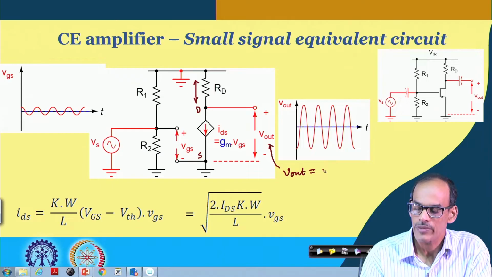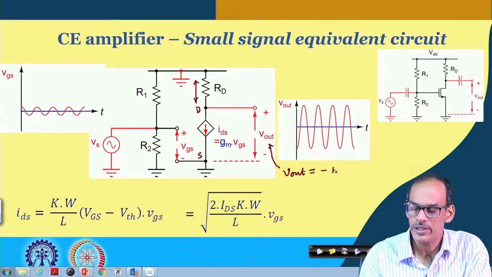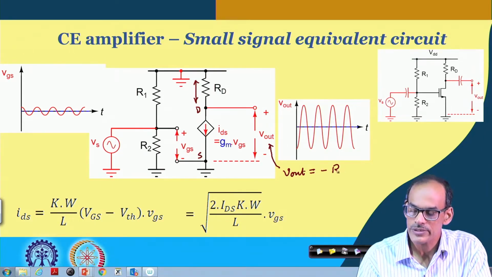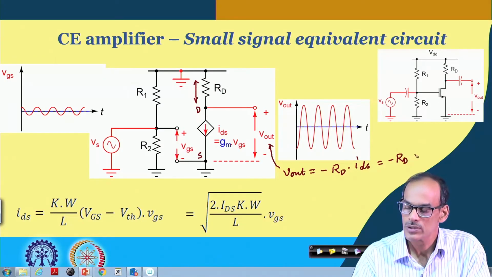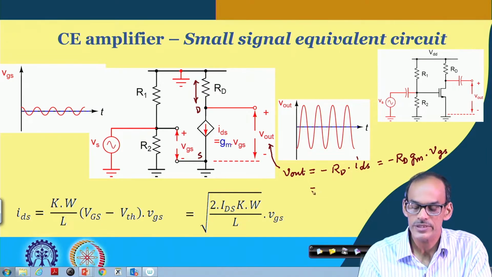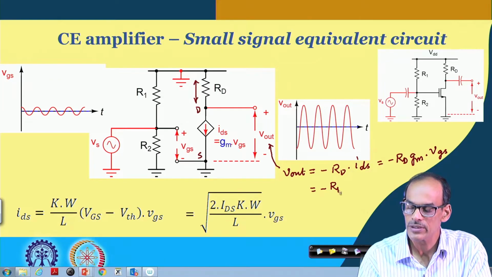So, the output voltage is minus RD into IDS, and that is giving us minus RD into GM into VGS, and the VGS, it is incidentally same as Vs. So, that is equal to minus RD into GM into Vs.